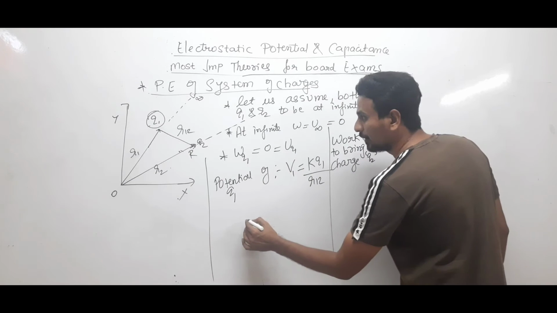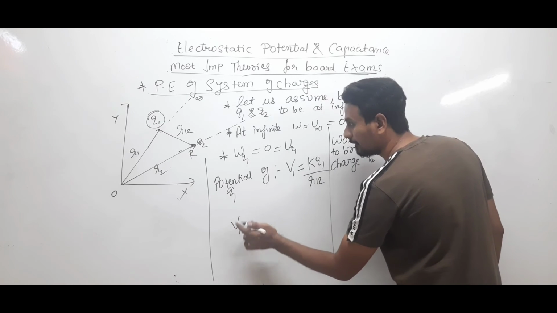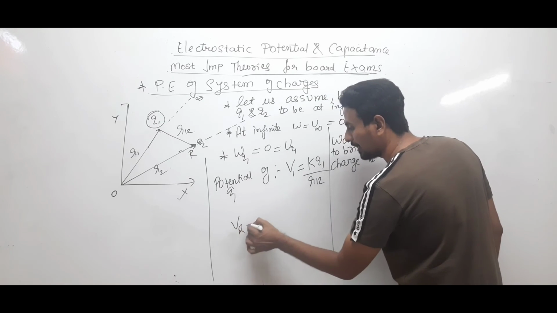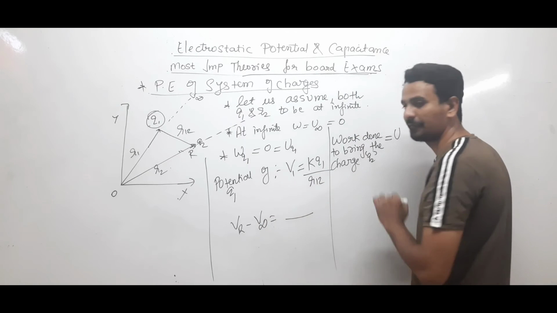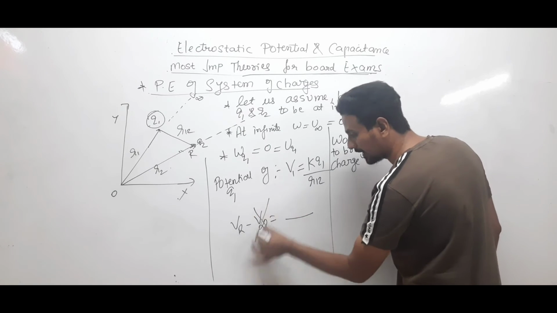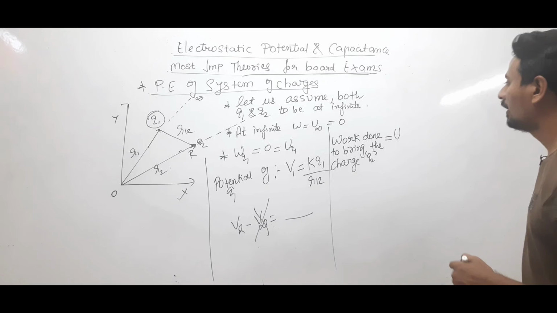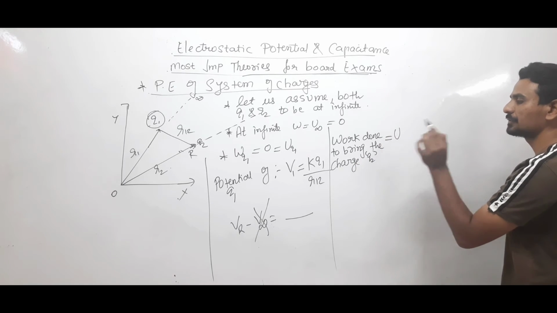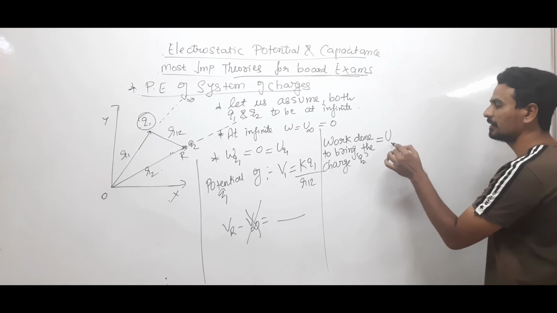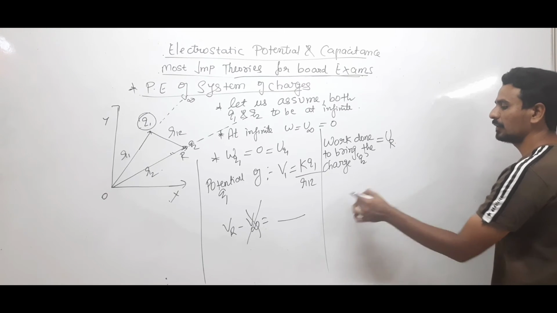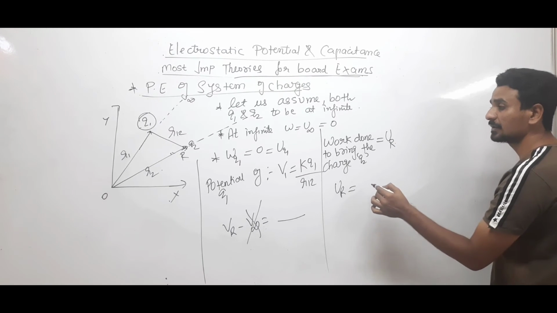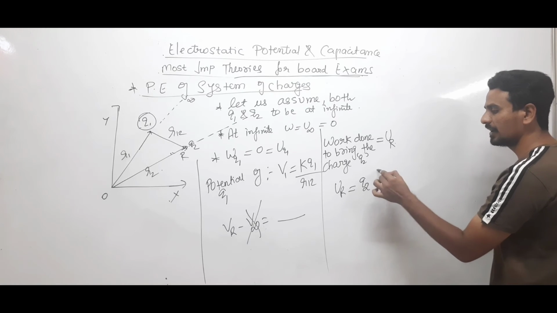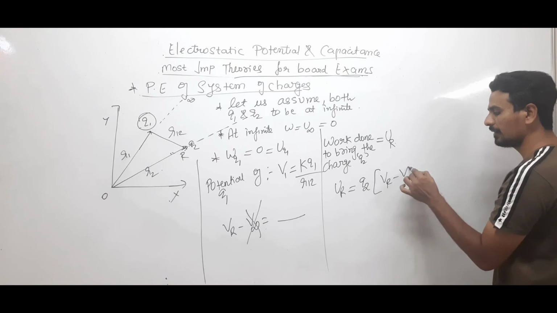I am writing it as a potential difference, V of any point, V of R minus V of infinity. This is how I am defining it, but the potential at infinity is 0. So the work done to bring the charge Q2 is equal to the potential energy at point R, which is equal to the charge multiplied by the potential difference.